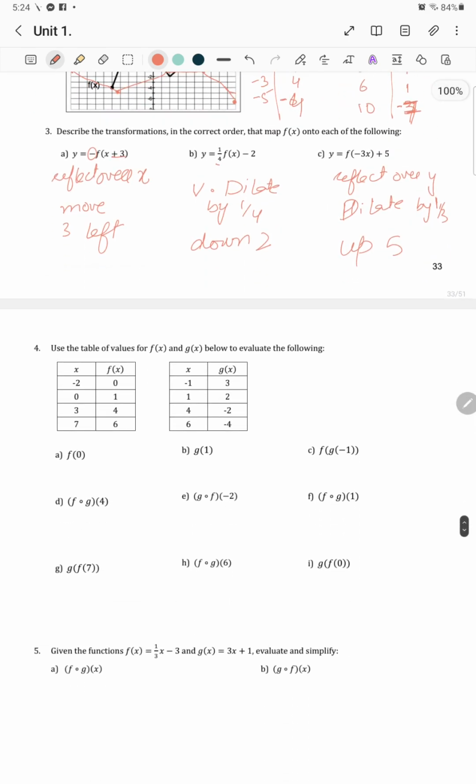Use the table values for the f of x and g of x below to evaluate the following. f of 0, minus 2, g of 1.